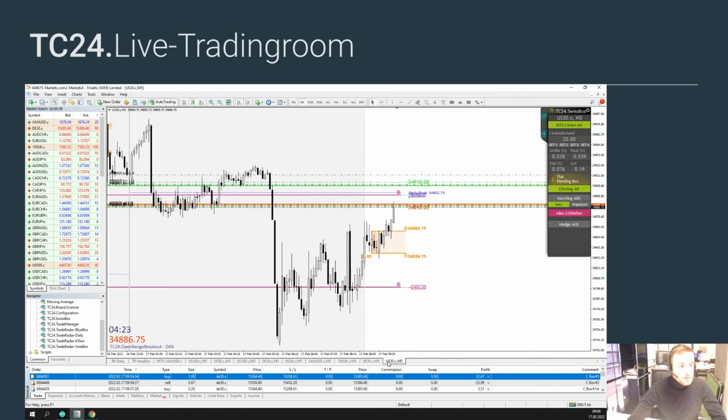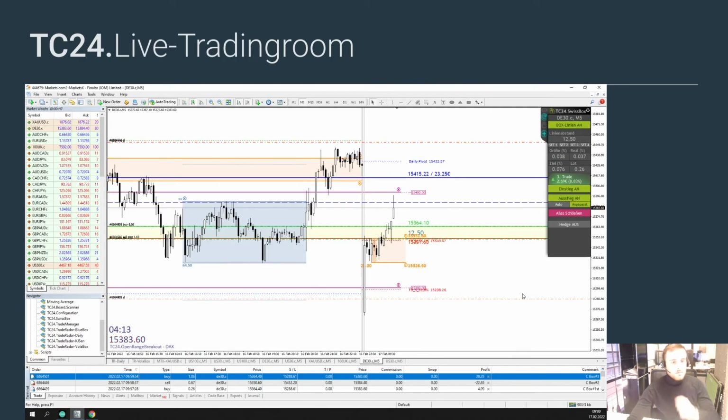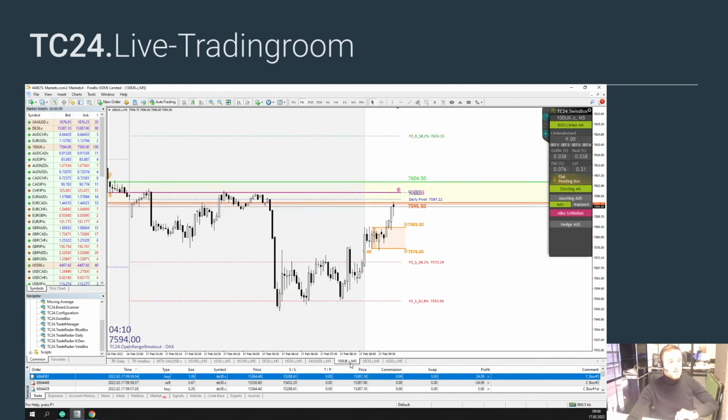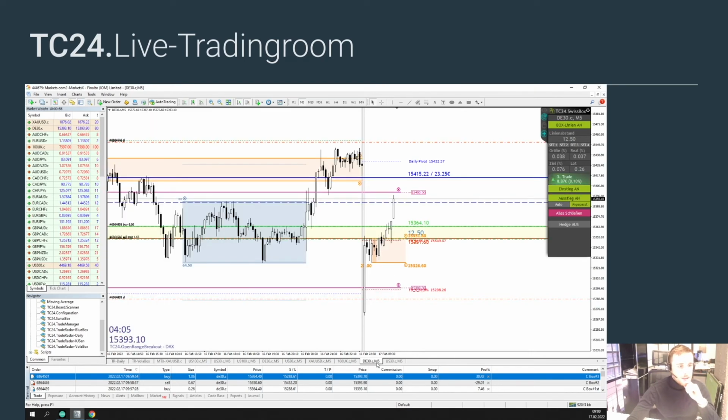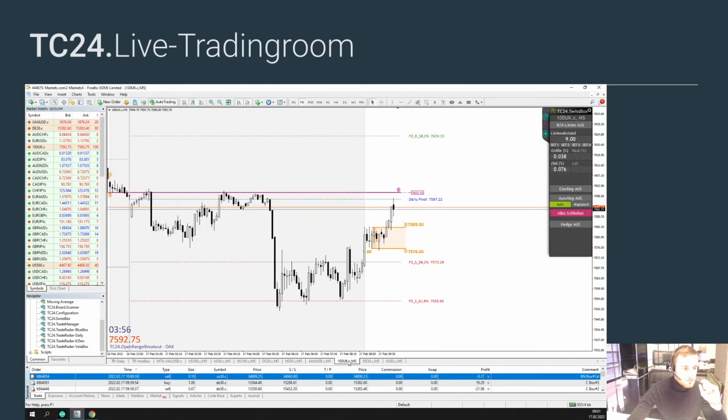So just to take a look at some of the others that we executed this morning. Okay, that was that one in Dow Jones. We still haven't executed the one here in the FTSE. There now we've just executed the one in the FTSE, so that's an activated trap.